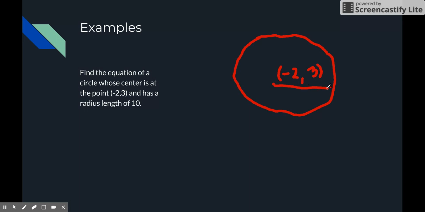Let's try another example. Find an equation of the circle whose center is at (4, 2) and passes through the point (1, 2). So for this one, you're going to need the distance formula. But let's draw it out first. So you have the circle, and the center is at (4, 2).